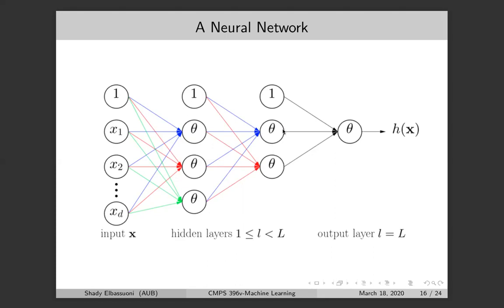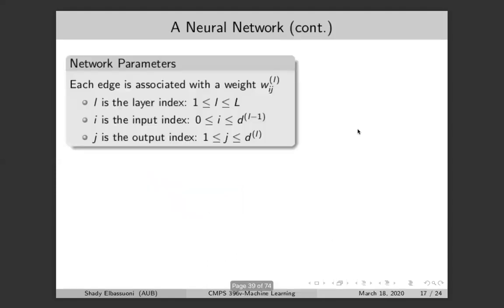Pass it through some nonlinearity. That gives me the x's here, the activation. So x1 of 2, x2 of 2, multiplied by the weights here, gives me signal 1 of 3. Pass it through the nonlinearity here. That gives me x1 of 3.